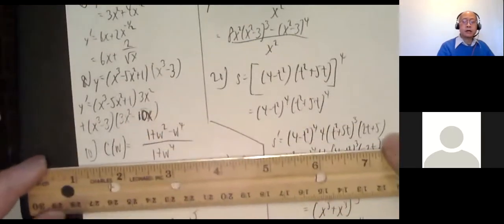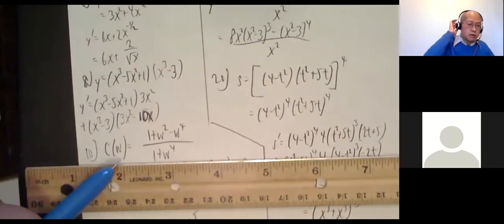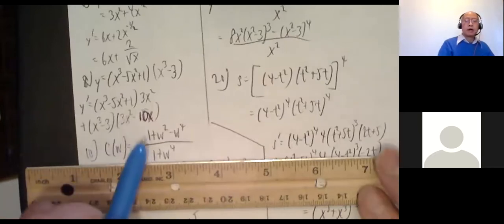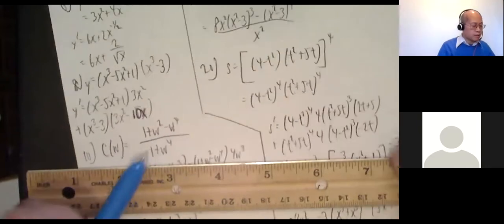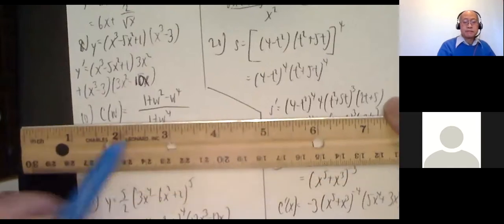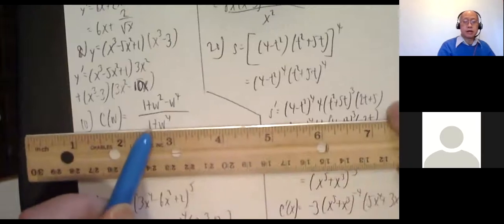All right, 10 looks like a quotient rule. C of W, it doesn't matter if it says f of x or c of w, it's the same thing. 1 plus w squared minus w to the 4th over 1 plus w to the 4th. Again, if the algebra gets too messy, we will just stop. This one I didn't bother to clean up because the algebra got too bad.